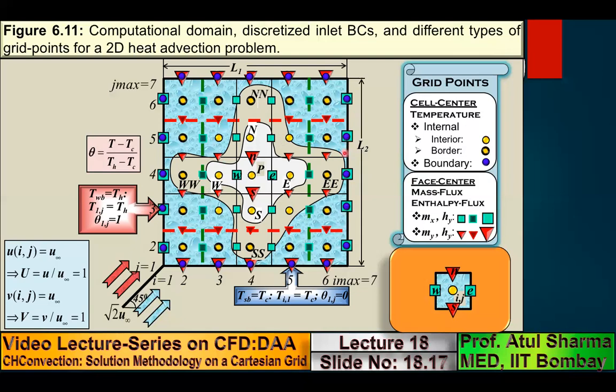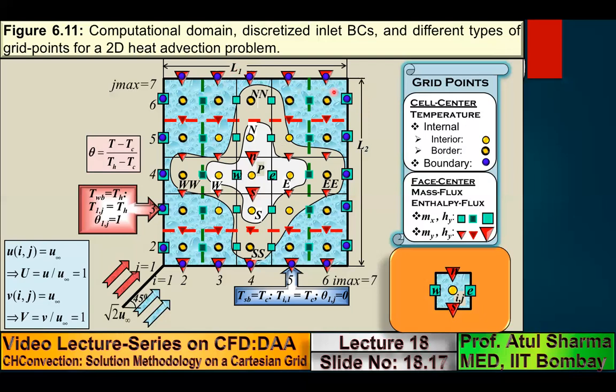To calculate the enthalpy flux, given that there is no boundary condition and since it's an outflow boundary, you know that the fluid is moving out from this boundary. So on this boundary, if you determine mx, it will be in the positive direction, and here my will be in the positive direction.